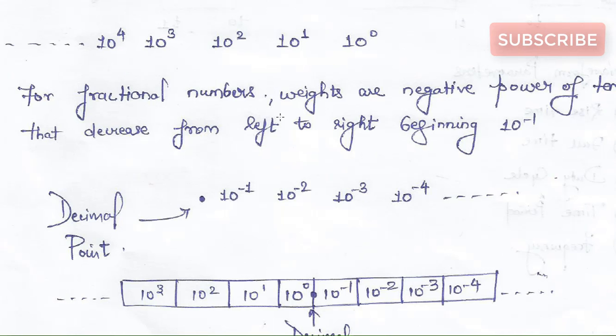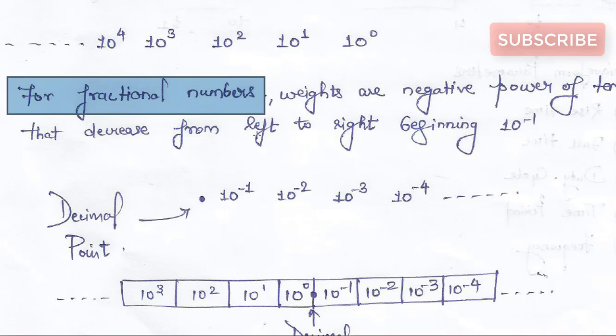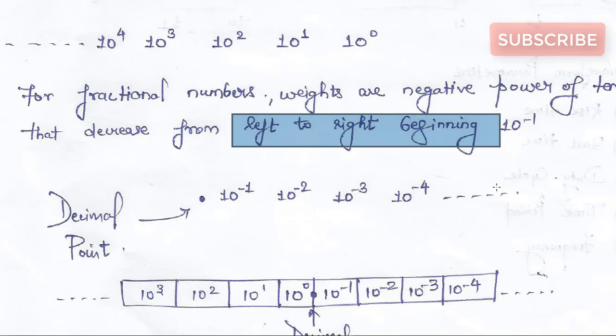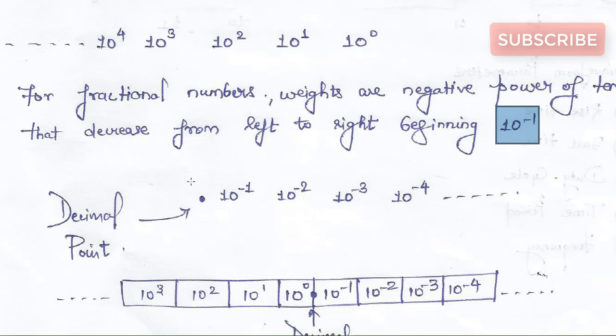For fractional numbers, weights are negative powers of 10: 10 to the power minus 1, 10 to the power minus 2. For fractional numbers, weights are negative powers of 10 that decrease from left to right, beginning from 10 to the power minus 1.